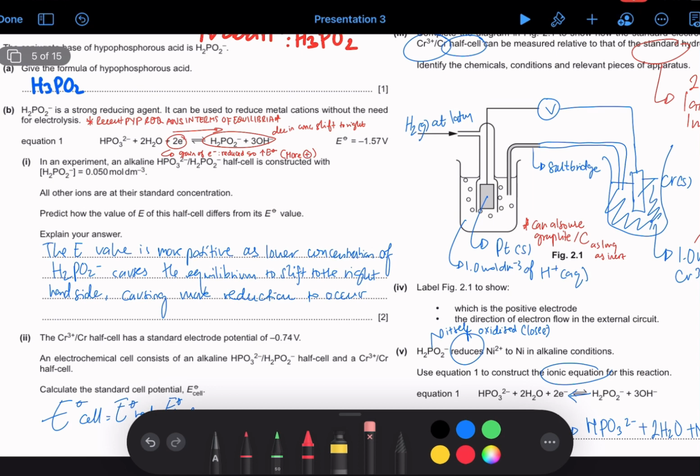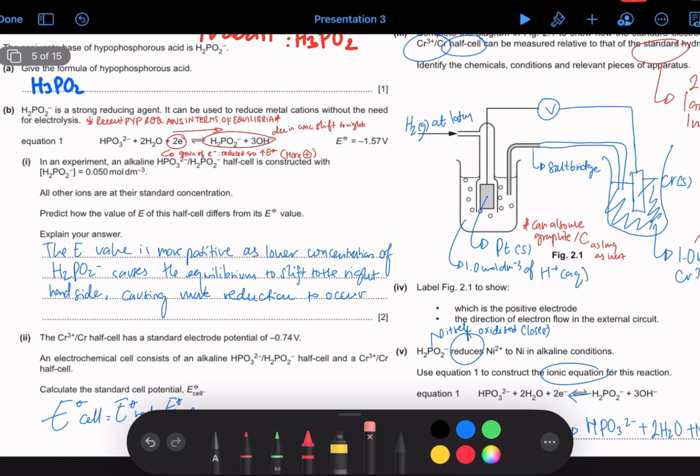In an experiment, an alkaline HPO32- / H2PO2- half cell is constructed with H2PO2- at a concentration of 0.05 moles. So you're changing it from the standard concentration of 1.